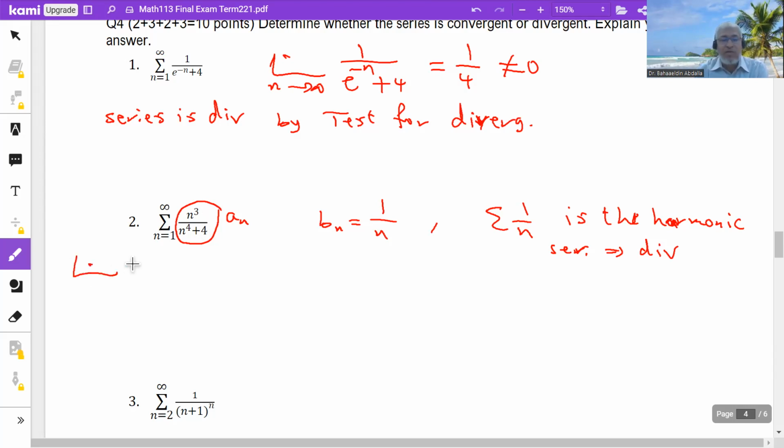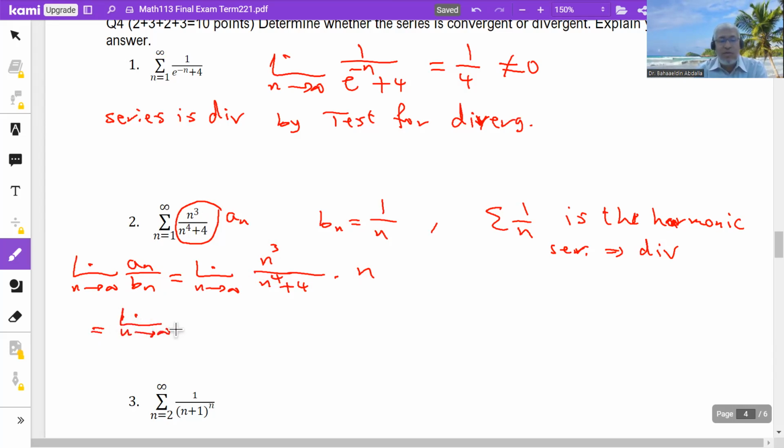In the limit comparison test, I need to find the limit of a_n over b_n when n goes to infinity, and this limit has to be greater than 0. So this is n cubed over n to the 4 plus 4 divided by b_n, or multiplied by the reciprocal of b_n, which is n. So this would be n to the power 4. So to find the limit, we usually take the highest power.